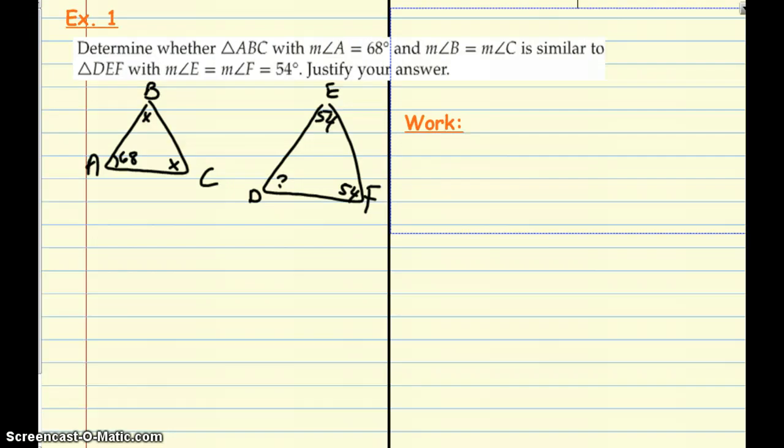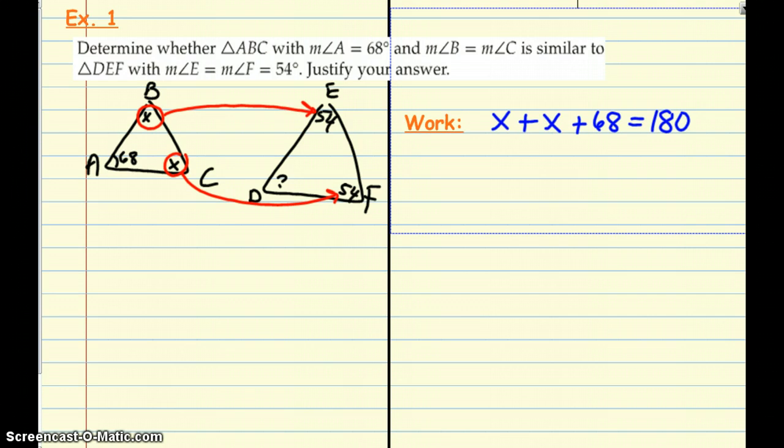Now here's the thing, as we just got done talking about, these two triangles are going to be similar if where we labeled X is going to be the same as each of those two angles because they're corresponding. So the first thing that we want to do is figure out the measure of those angles. I'm going to create an equation for this, and I know that the angles of all triangles add up to 180 degrees. So I'm going to write X plus X plus 68 equals 180 degrees.